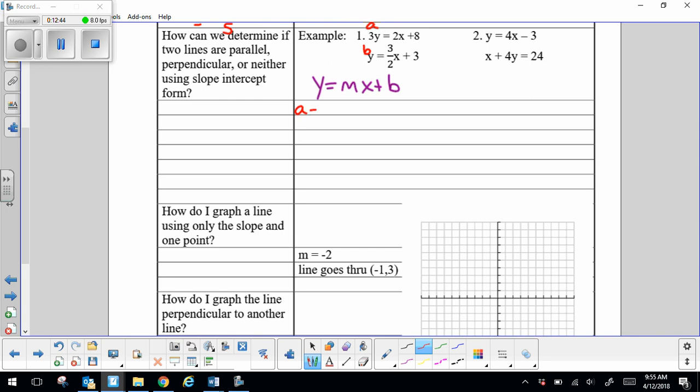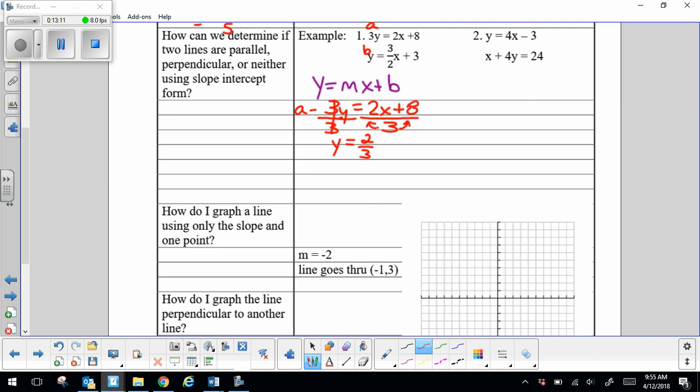So for A, I'm going to rewrite the original equation, 3y equals 2x plus 8. So our goal is to get the y over here by himself. And the first thing I need to do to make that happen is divide both sides by 3. So the 3's cancel out on this side. I'm left with a y. I'm going to take this 3, distribute it here, and distribute it here, meaning he's going to end up as 2/3.